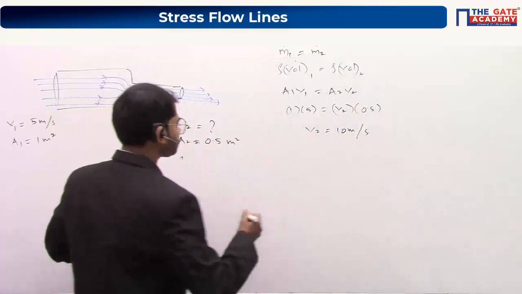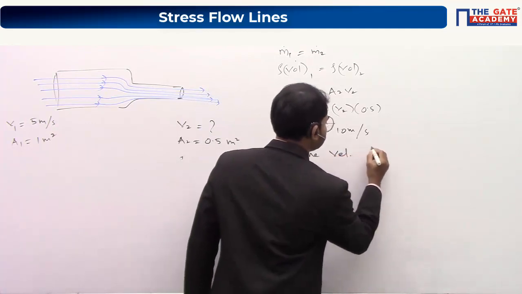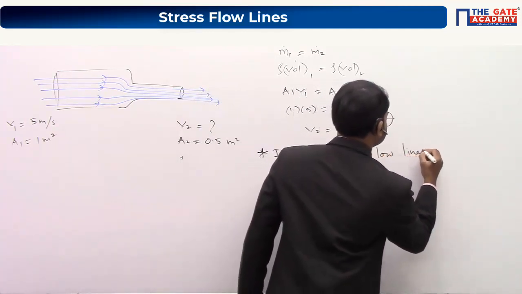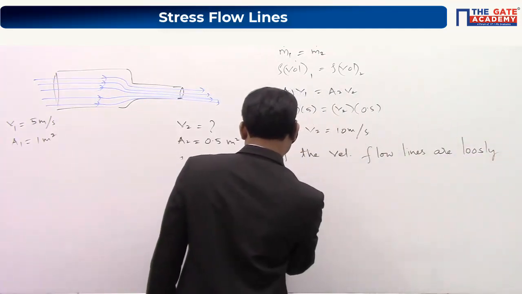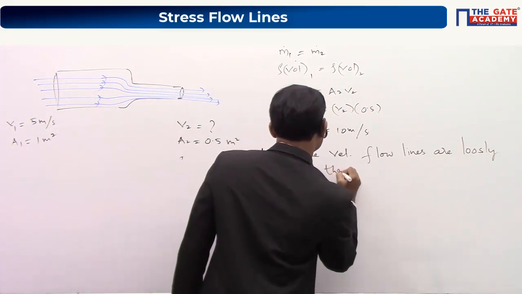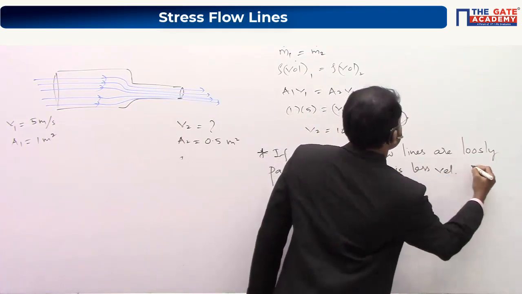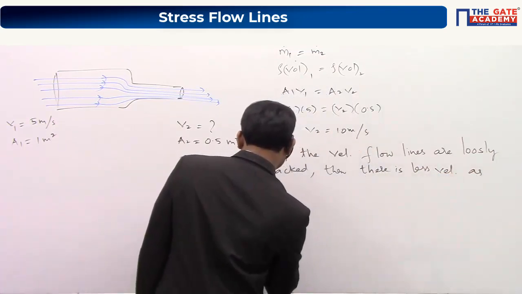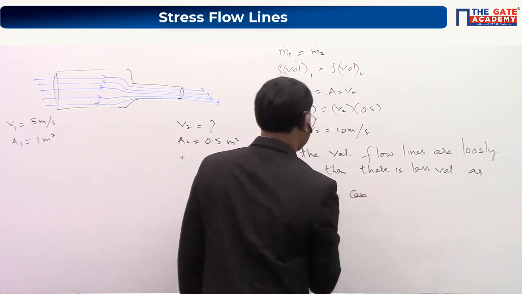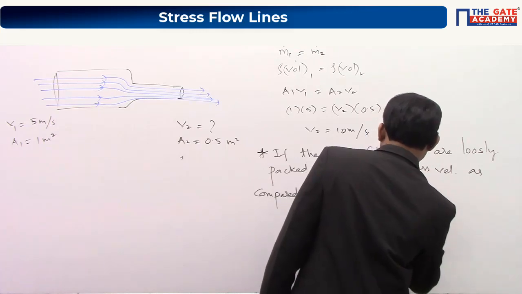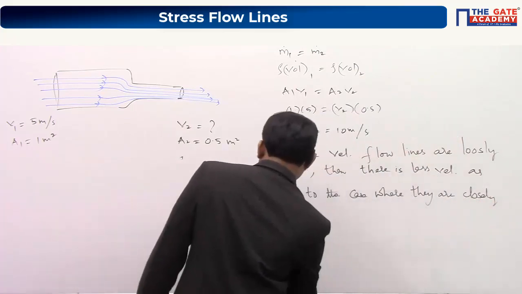So I'm writing down here: if the velocity flow lines are loosely packed, then there is less velocity as compared to the case where they are closely packed.